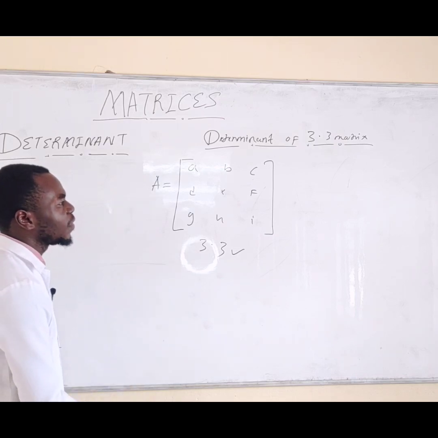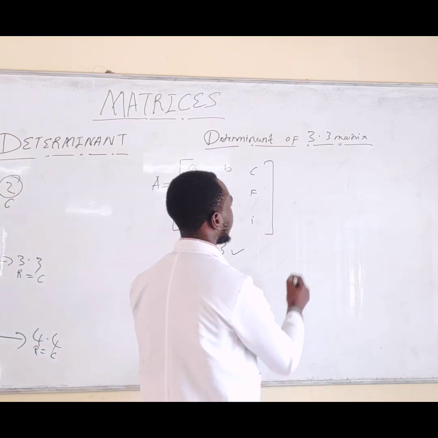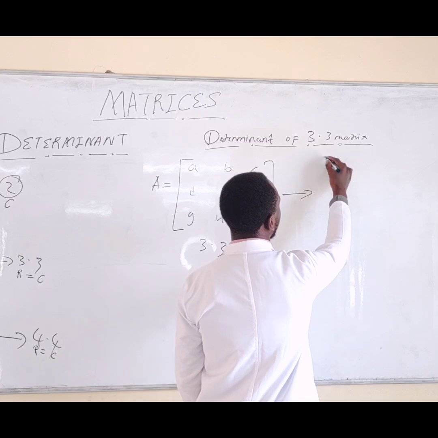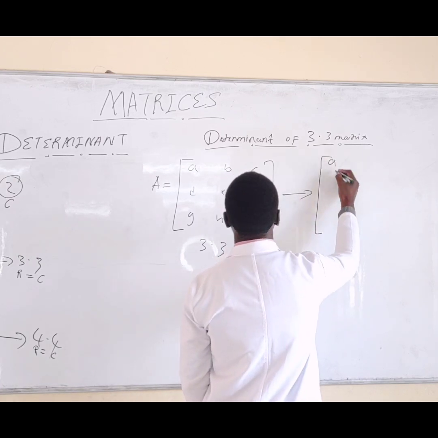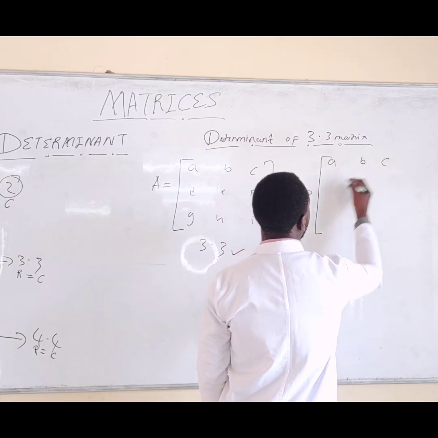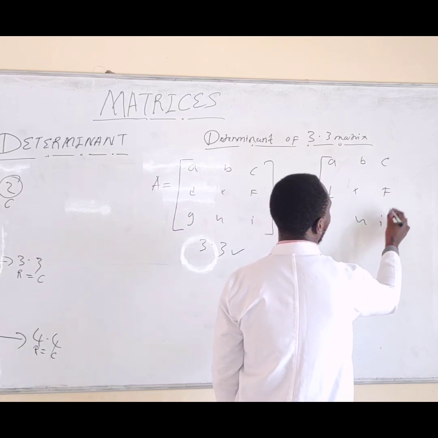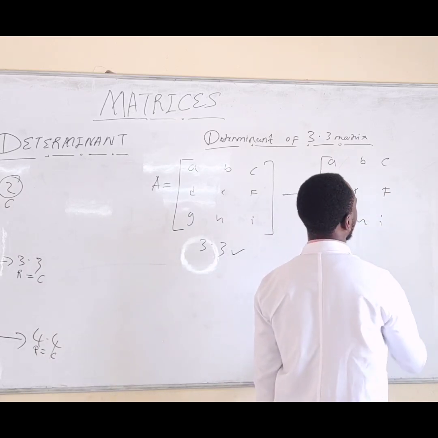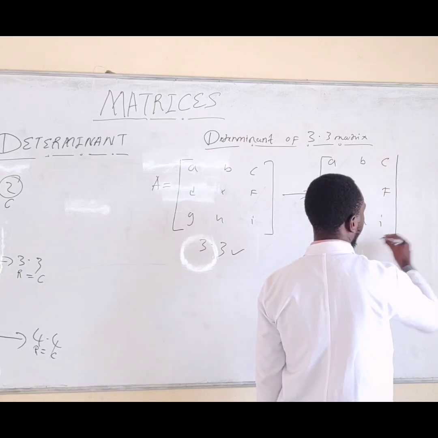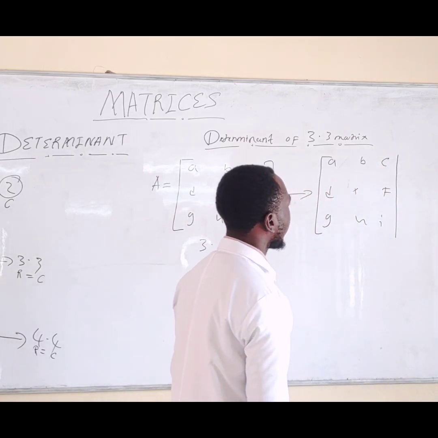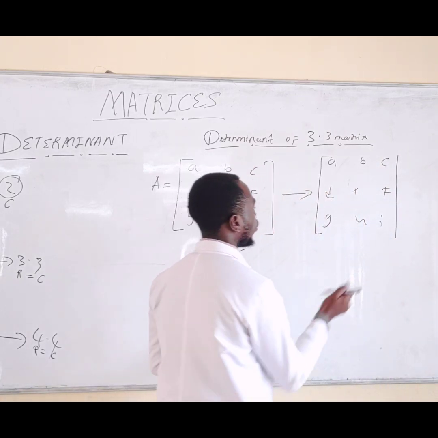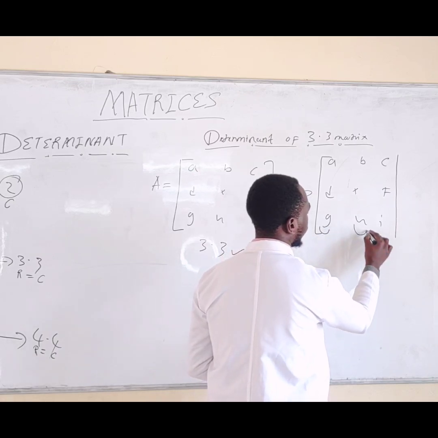Now, you are going to write the determinant as A, B, C, D, E, F, G, H, I. You have something like this. Now what are you going to do? You are going to introduce a vertical line like this. When you introduce a vertical line like this, you are going to consider your first column and your second column.